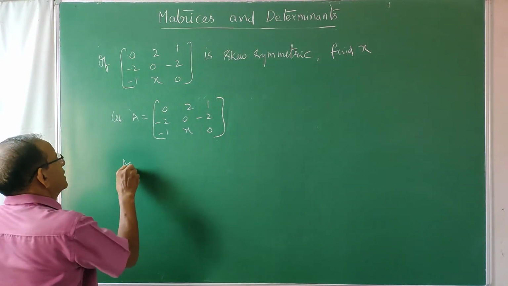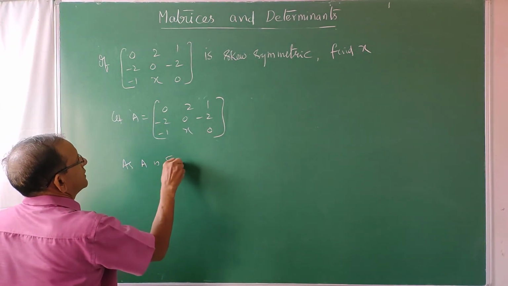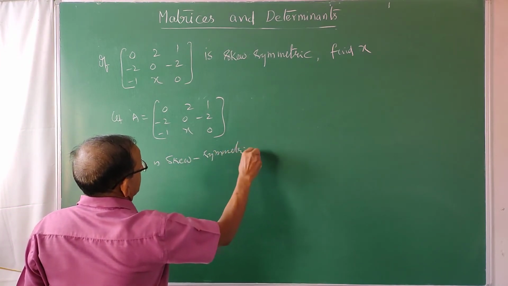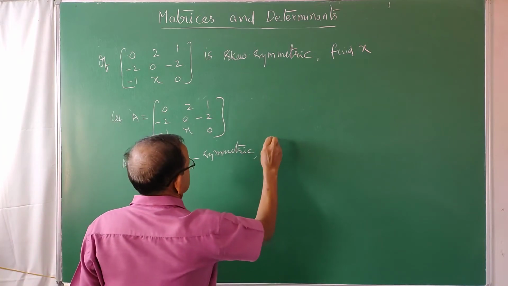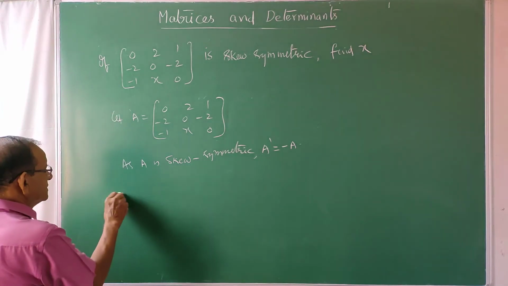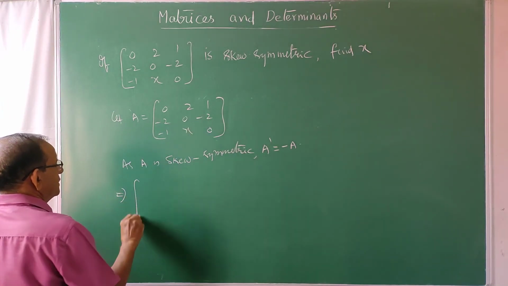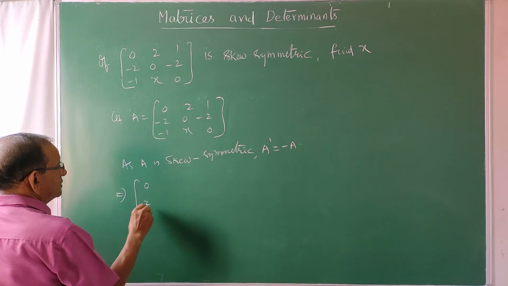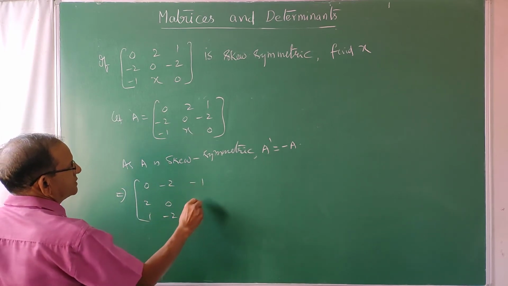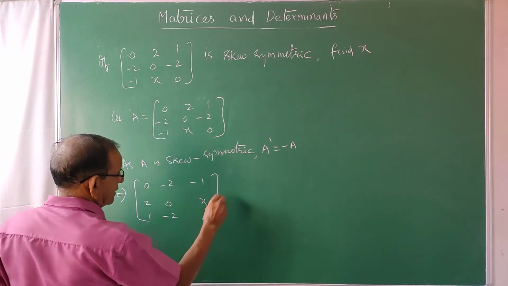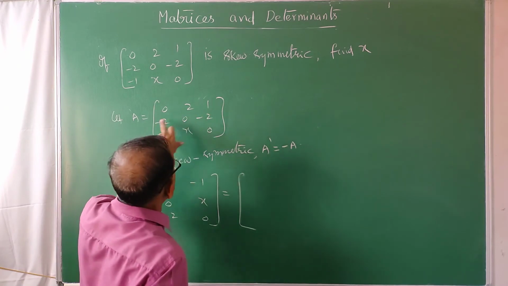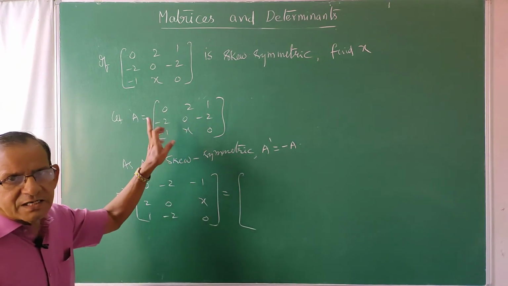As A is skew symmetric, A transpose is equal to minus A. In symmetric it is plus A. That implies first you take A transpose, change the rows into columns, 0, 2, 1, minus 2, 0, minus 2, minus 1, x, 0 equal to minus A. Change the sign for all the elements of A. How to multiply this matrix A with minus 1?